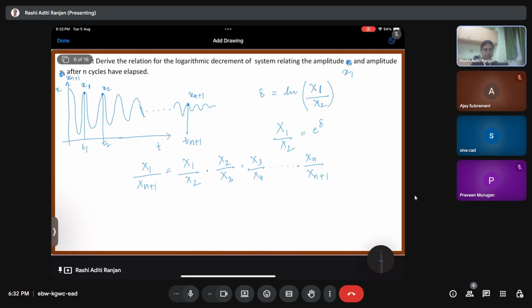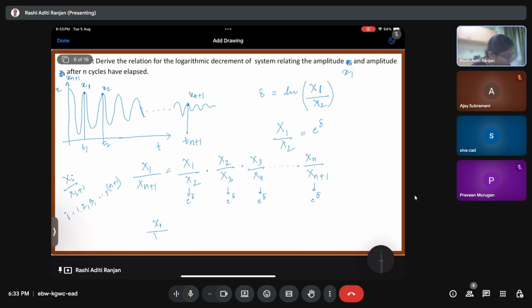Now if you see over here, x1 by x2 is e to the power delta. x2 by x3 is e to the power delta. This is also e to the power delta. As I said, this e to the power delta is applicable for all the ratios, whether it is the ratio of 1 to 2, 2 to 3, like xi by xi plus 1, where i can be 1, 2, 3 till n. So by this, what do we get?